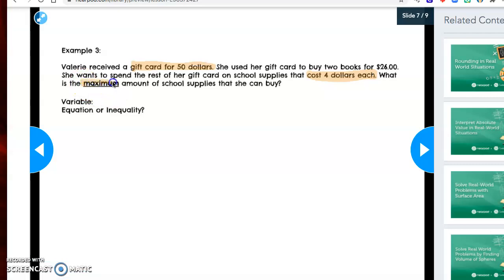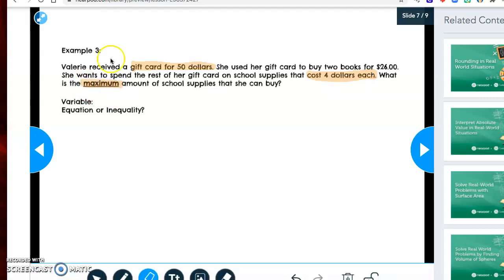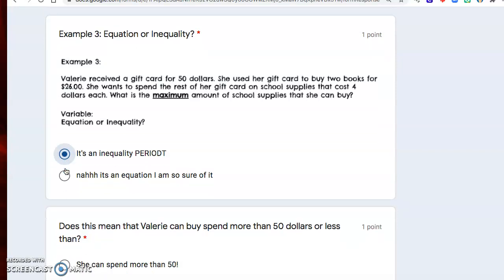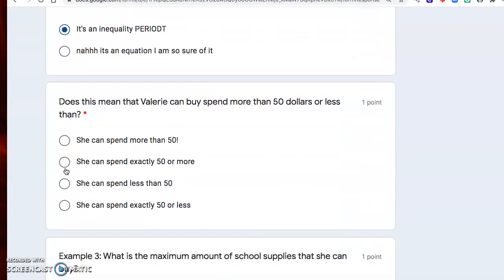Here we have the word maximum, and so we already know that this is an inequality. If it says maximum or minimum or at least or at most, that means there's an inequality. So here's the question. Does this mean that Valerie can spend more than $50 or less than $50?